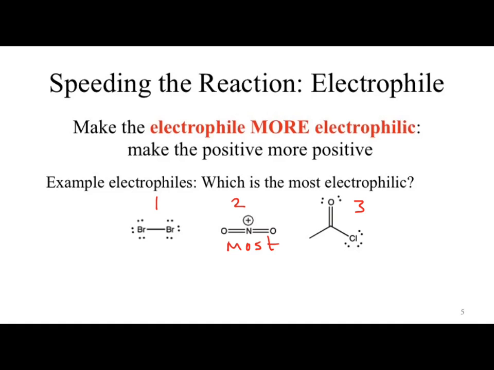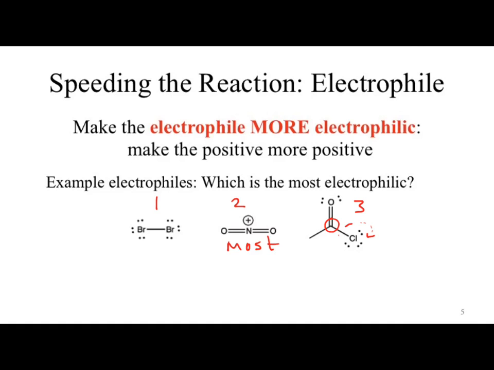What atom in that structure is the most electrophilic? This carbon. Why is that carbon electrophilic? What's the relationship between chlorine and carbon? Chlorine's more electronegative, which means the electrons spend most of their time on our chlorine. What else is attached to that carbon? Oxygen.